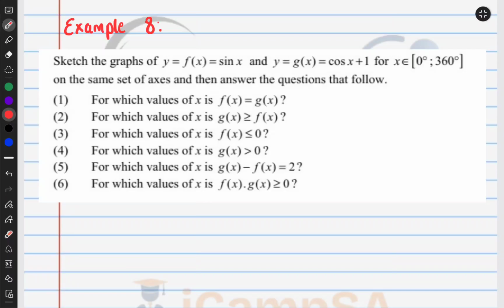Sketch the graphs of y is equal to f of x is equal to sine x, and y is equal to g of x is equal to cos x plus 1, for the domain of x is an element of 0 degrees to 360 degrees, on the same set of axes, then answer the questions that follow.